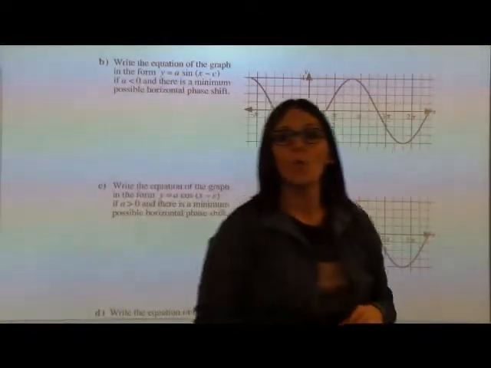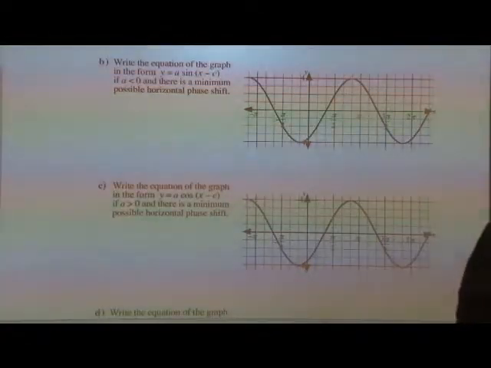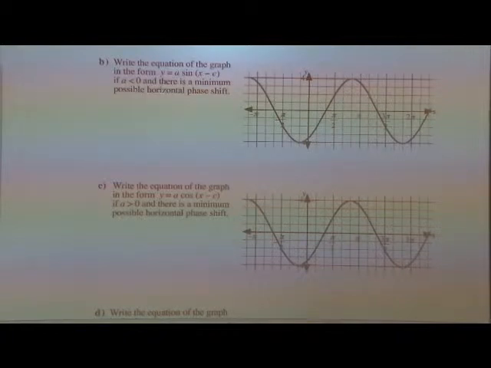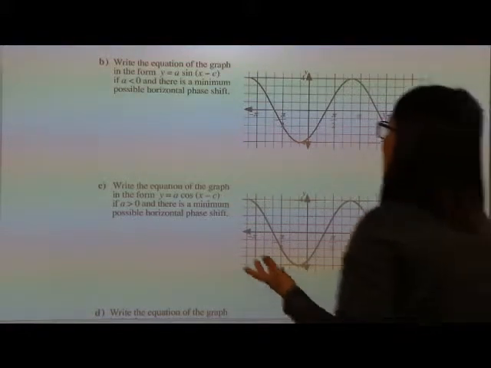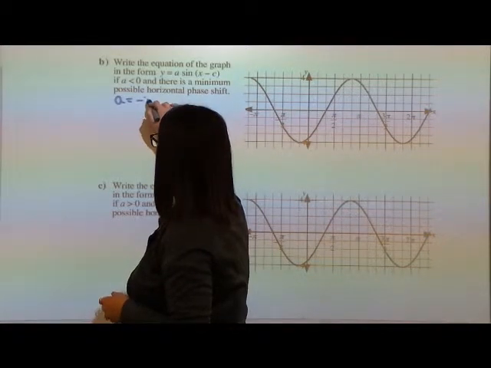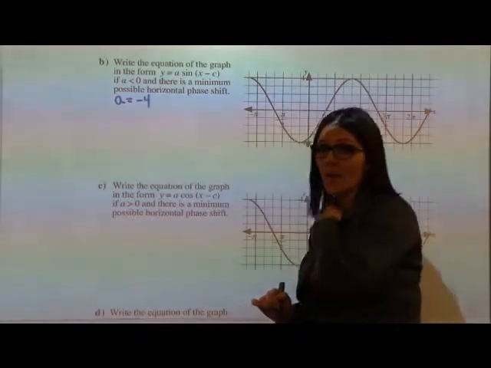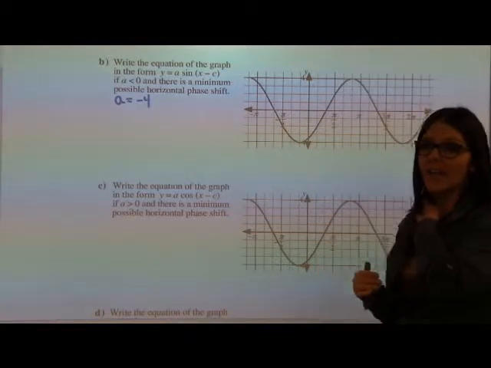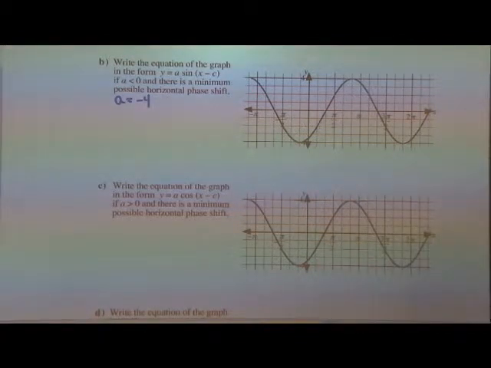Okay. What happens in B? What's the difference? Oh, it says A is less than 0. So my A value has to be -4. Okay. What does the negative do to the graph?